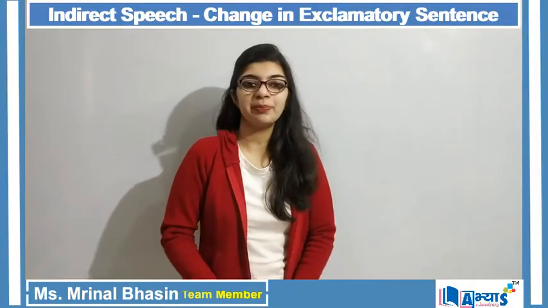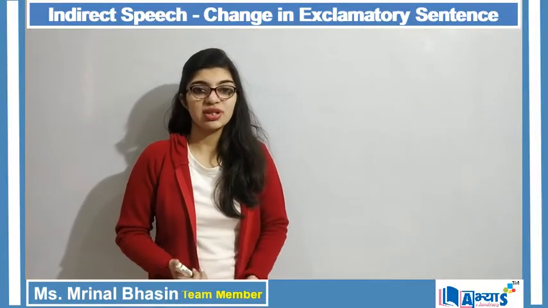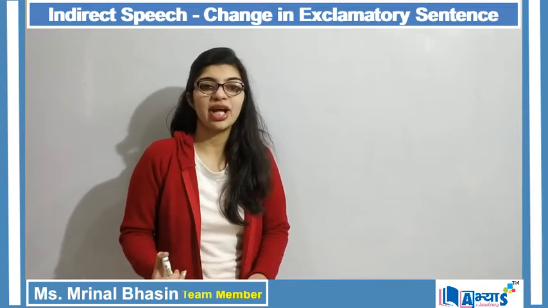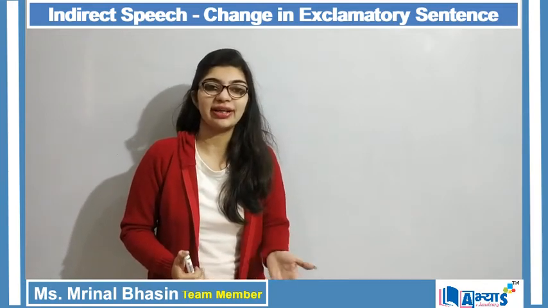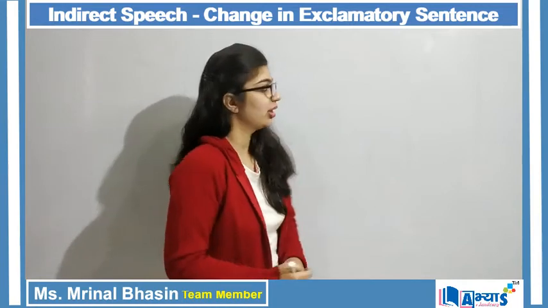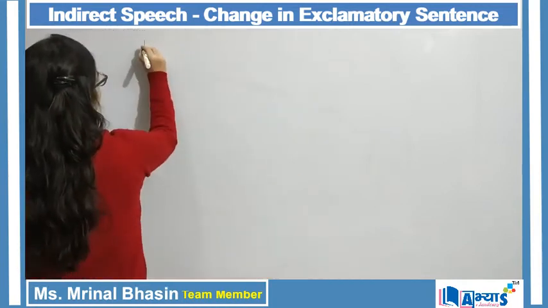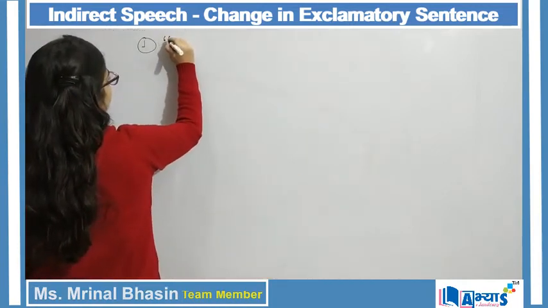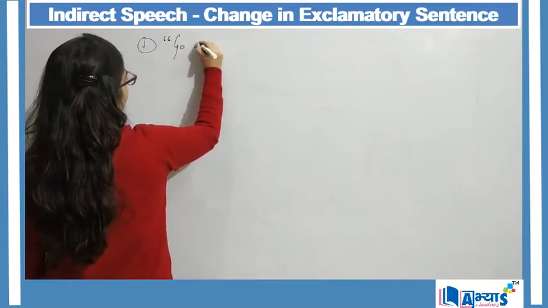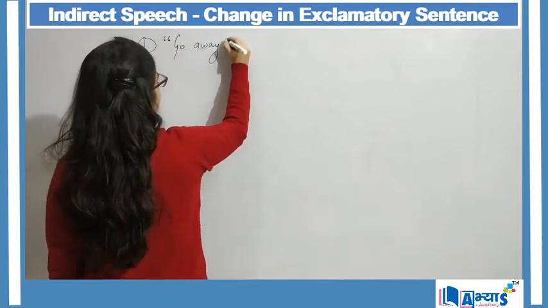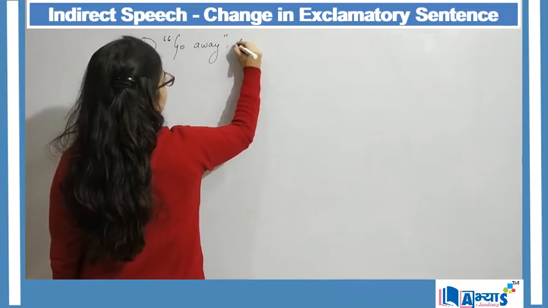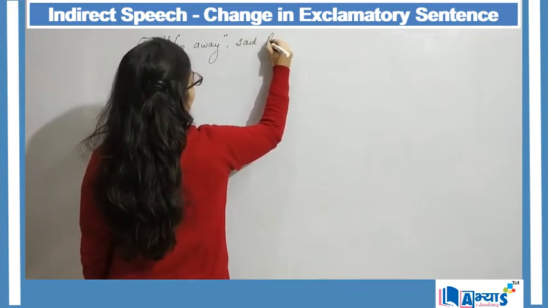Now let us implement these rules in our sentences so that we can convert a direct sentence into indirect form. So first example can be, go away, said Reena.